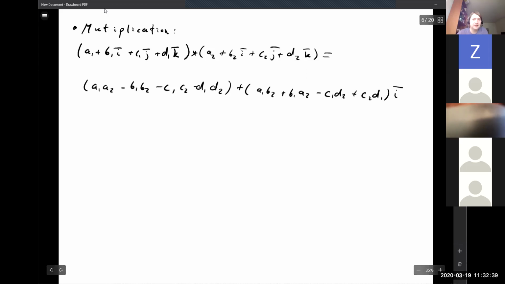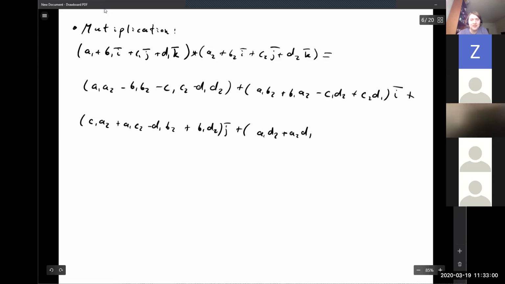And finally, for the other two, you will get c1 a2 plus a1 c2 minus d1 b2 plus b1 d2 times j, and similarly you get a1 d2 plus a2 d1 minus b1 c2 plus c1 b2 times k.